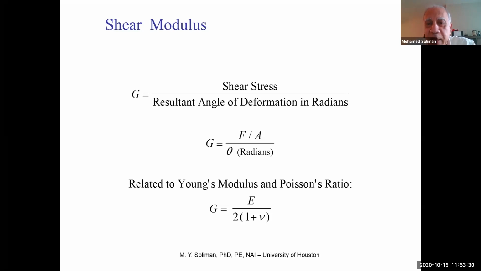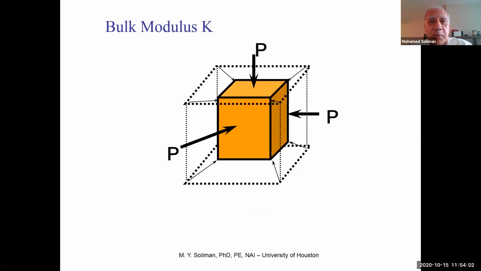And you know pi is basically 180 degrees. You can calculate shear modulus; it is related to Young's modulus and Poisson's ratio. So if you know Young's modulus and Poisson's ratio, you can calculate shear modulus. It's interesting that all these things are related to one another. Young's modulus and Poisson's ratio are independent variables.